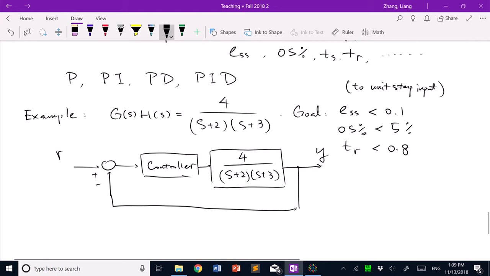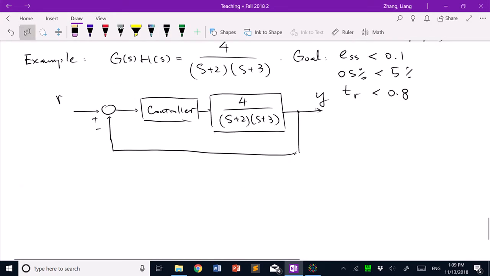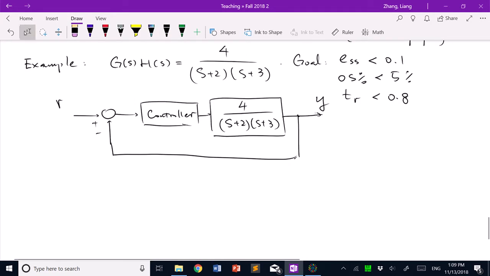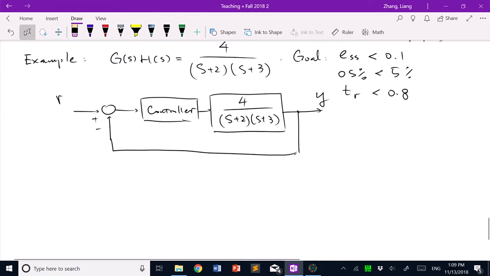I have a plant, and I want to apply a controller such that the steady state tracking error to a unit step input is less than 10%, the overshoot during the transient does not exceed 5%, and the rise time is less than 0.8 seconds. And we'll try P control.